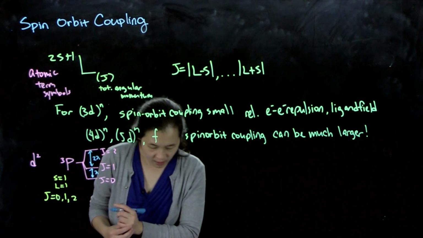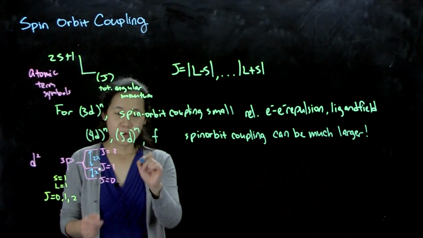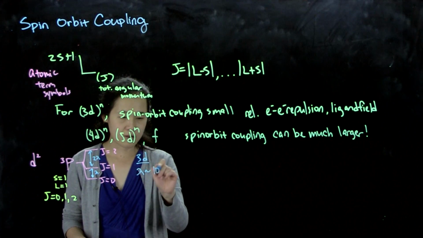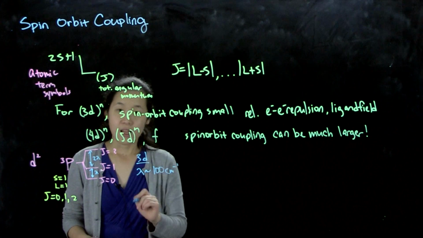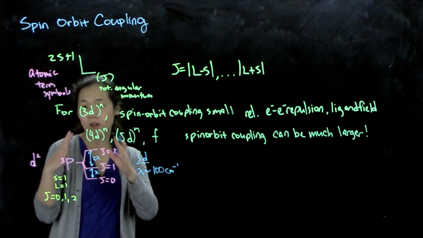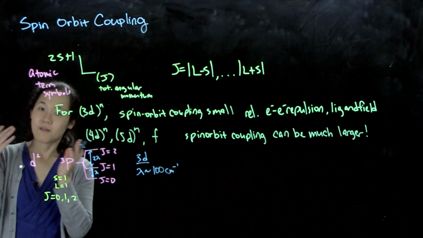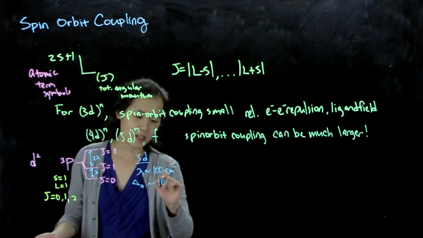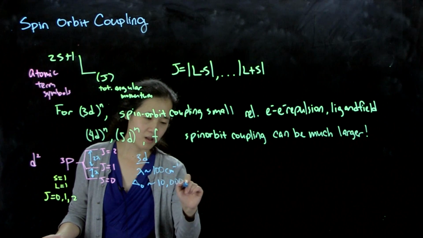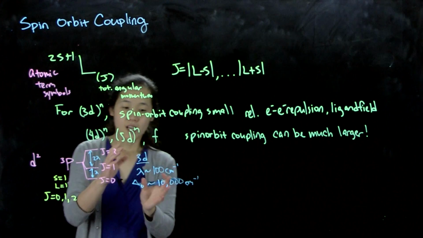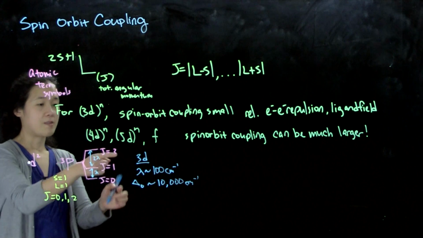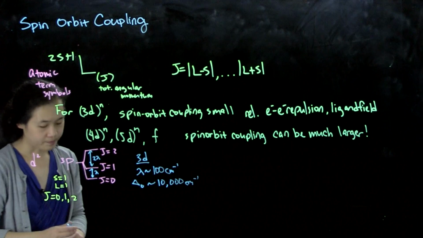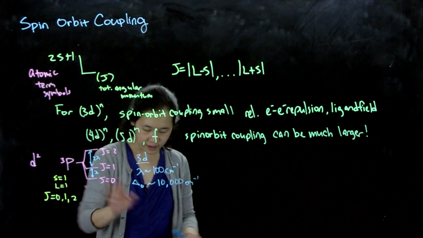One thing to mention is for a 3d metal, lambda is usually around 100 wave numbers. And remember our delta O's from ligand field were on the order of like 10,000 wave numbers. So much bigger. You can see for a 3d metal, the spin-orbit splitting is going to be much smaller compared to our ligand field splitting. So this is just to calibrate you.